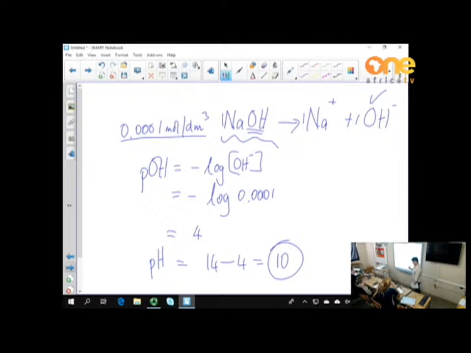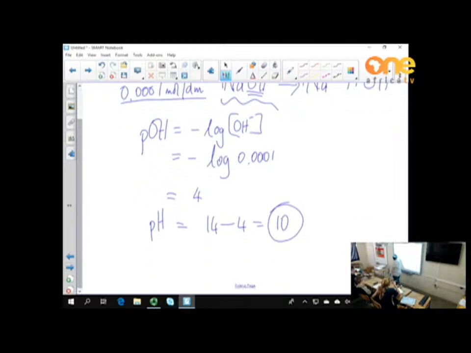Albert? I'm going to do the other way of doing it. So just try and follow. Instead of working the pOH, I can make the statement that the hydrogen ion concentration times the hydroxide ion concentration is 10 to the power minus 14. I've got that one there, so I can get that one.